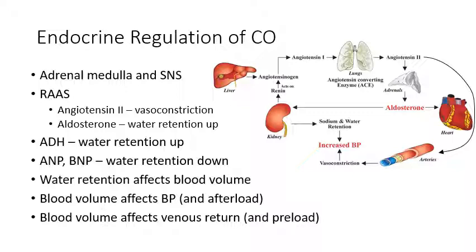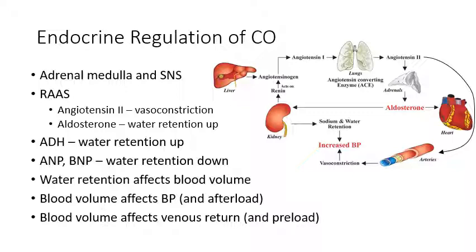Then you have the RAAS, which we're going to talk more about when we cover the kidneys. But the RAAS stands for renin, angiotensin, aldosterone system. It's a system of related hormones that all participate together, mostly to control how much water you have in your body, how much urine you're making. And they also can affect vasoconstriction.